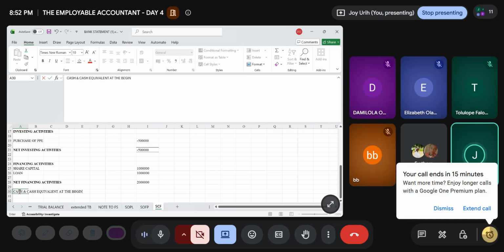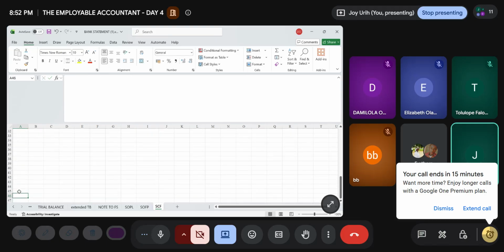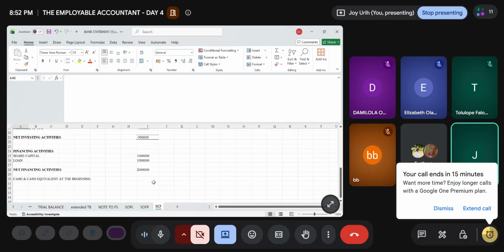So it's a format. Our cash and cash equivalents at the beginning is 0. We don't have any cash. Then we have cash and cash movements during the year.